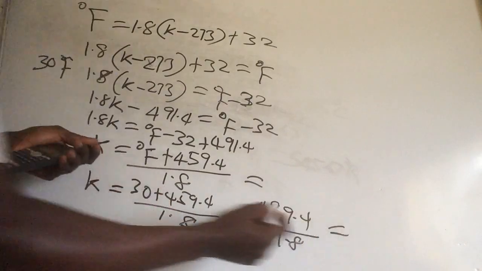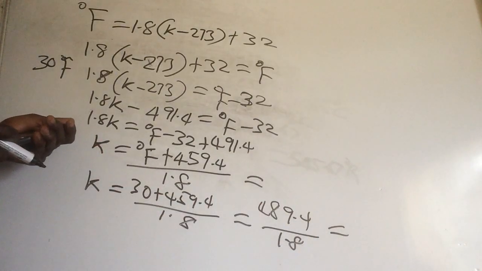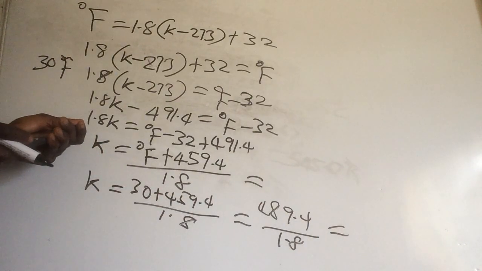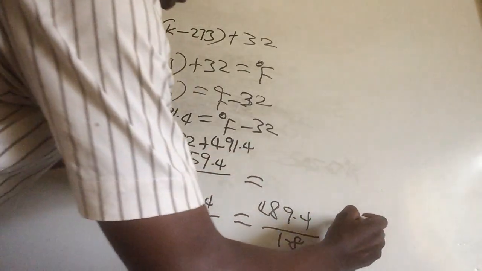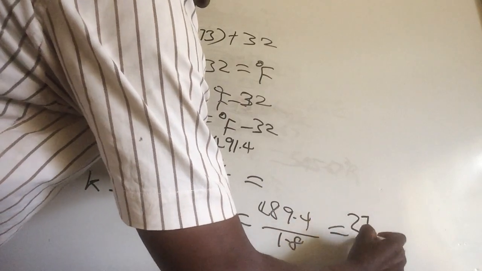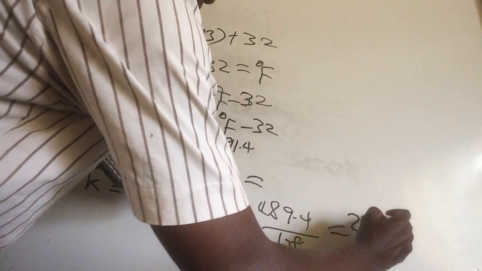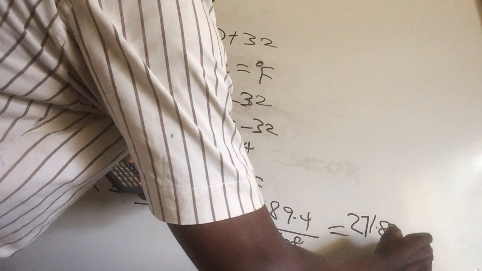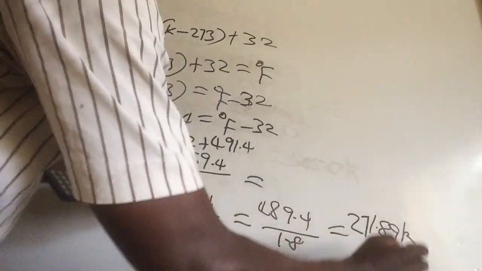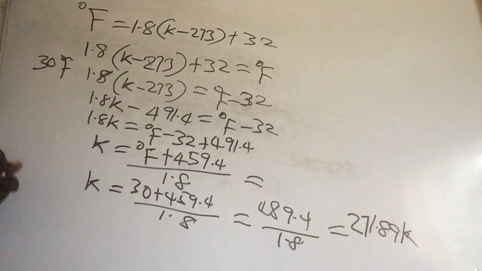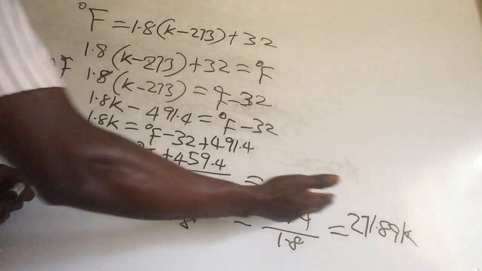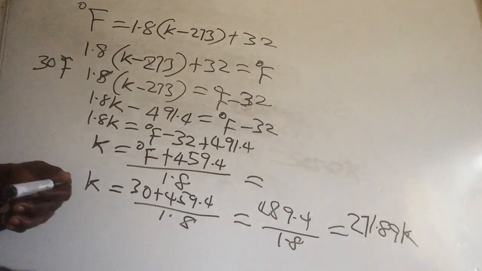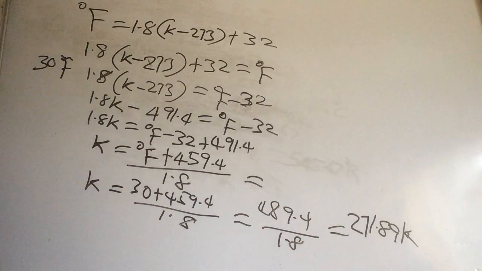And when you divide the up number by 1.8, we now have 271.89 approximately Kelvin. So 30 degrees Fahrenheit converts to 271.89 Kelvin.